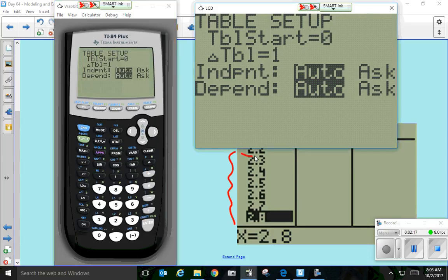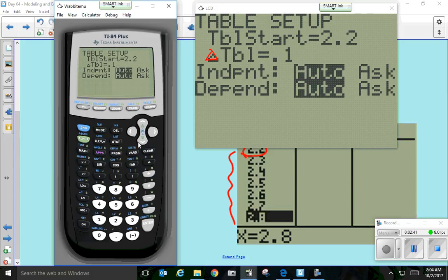It's 2.2. So if I start at 2.2, that's where I want my table to start. And this little triangle means change. How do I want my table to change? I want it to change by 0.1s. That's it.